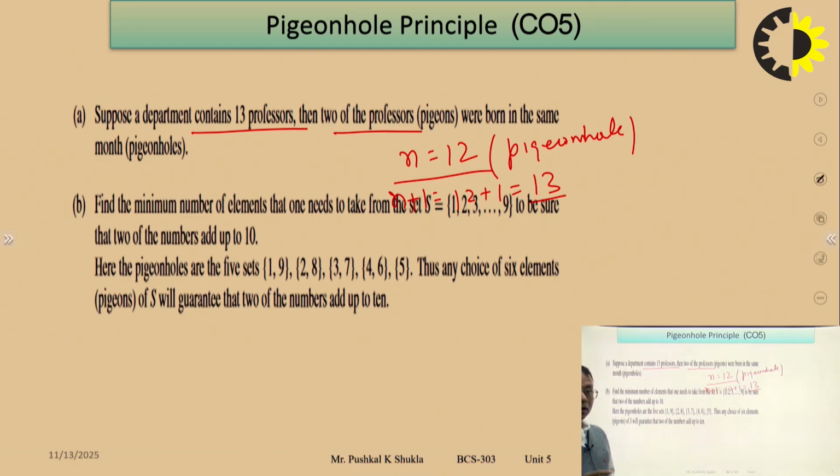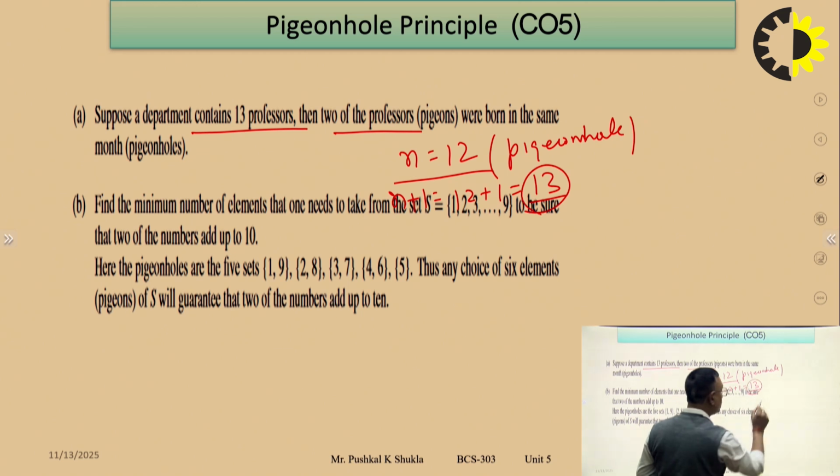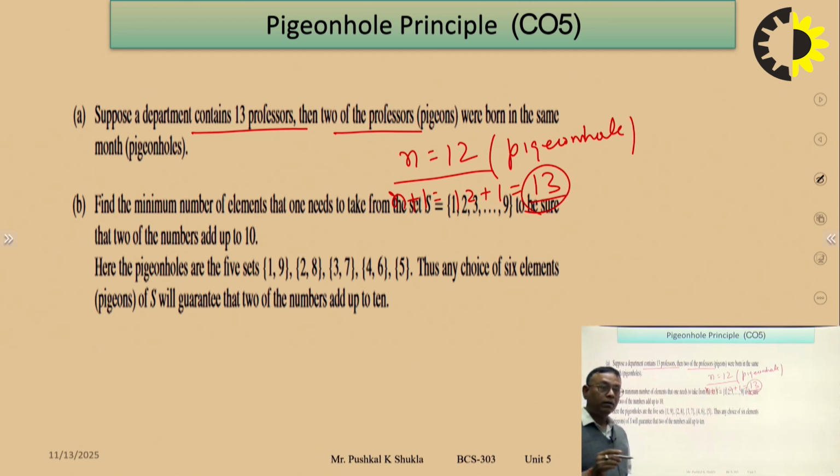One more, n plus 1, that is 13 pigeons, that is 13 professors, in which two of them can be kept in one pigeonhole, that is, two of them can be born in the same month. So this type of question is related to the pigeonhole principle.